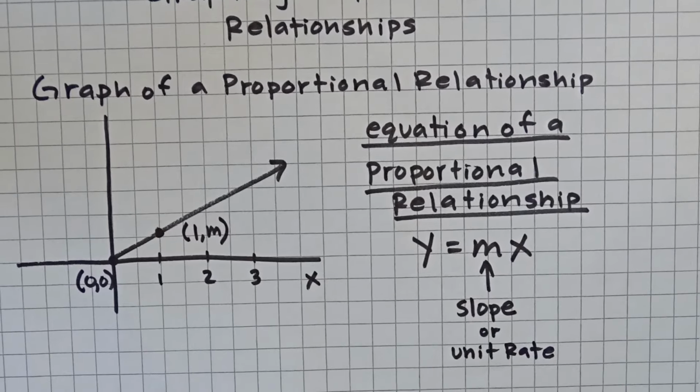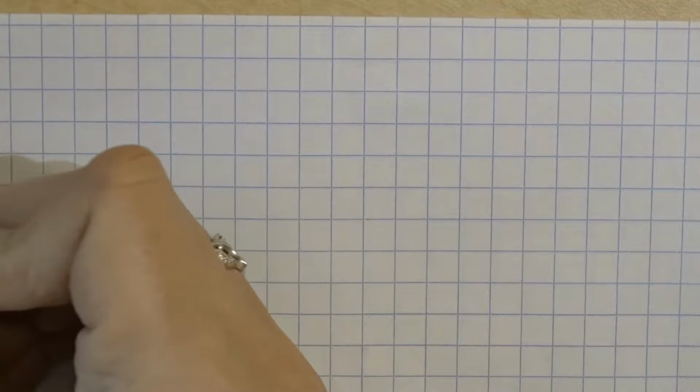Okay, so let's look at an example. All right, so let's look at graphing proportional relationships that involve paying for an x number of gigabytes. So let's look at example 1.